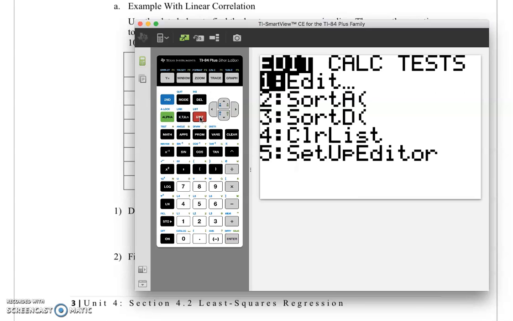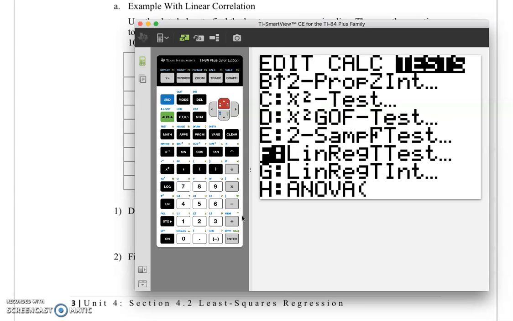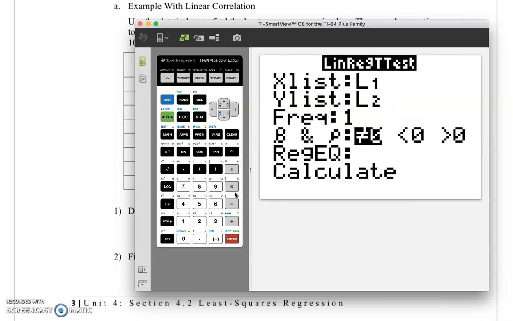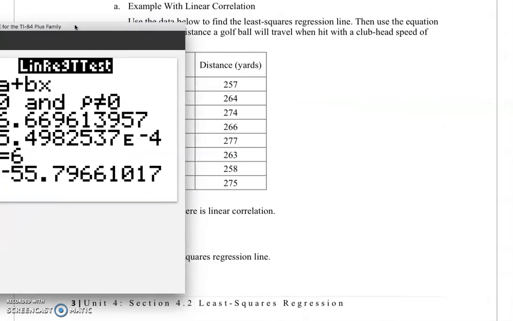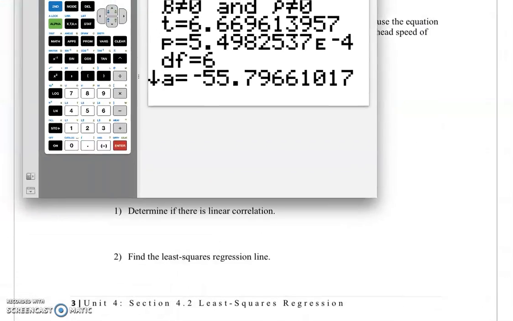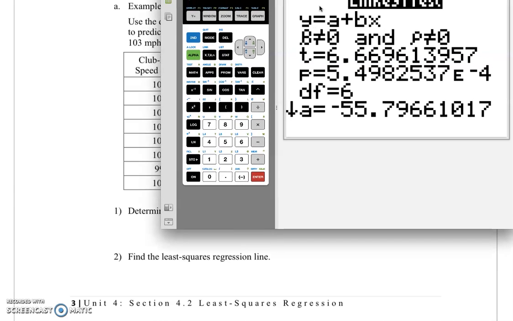So I will go to Stat, over to Tests, and we want option F, the LinReg T test. List 1, list 2, nothing changes. That always stays like it is. So calculate. Here's where it says y equals a plus bx.